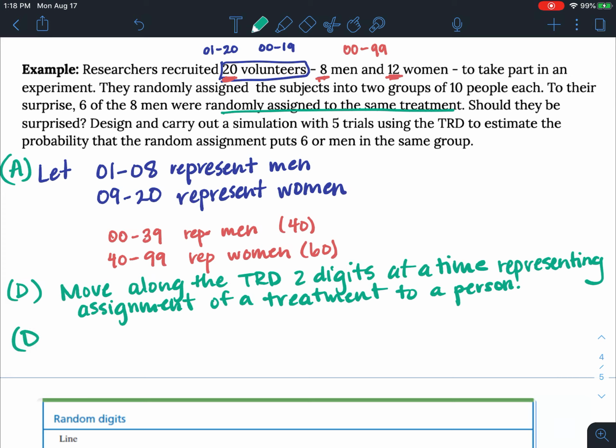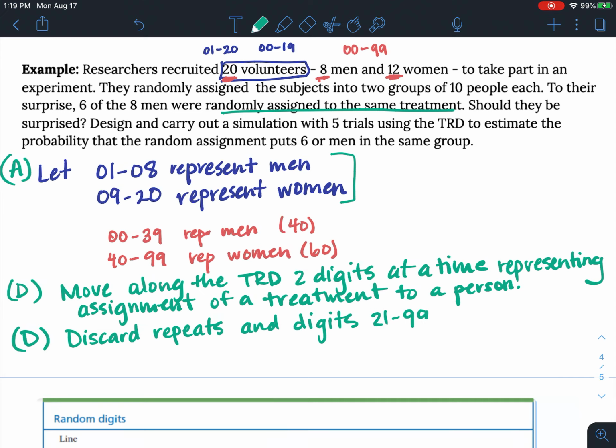All right, our second D, remember that's our discards. Regardless, we need to discard repeats, and most of the time right now we will be discarding repeats. I will talk to you about situations where we don't. As far as this blue situation, I would say discard digits 21 through 99 and 00.